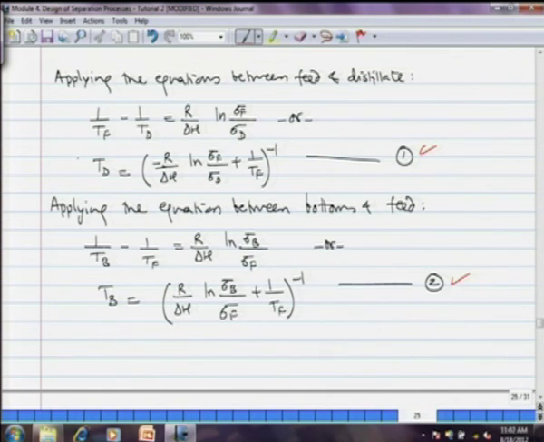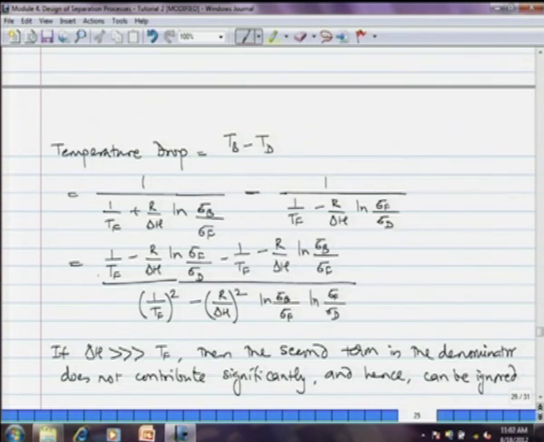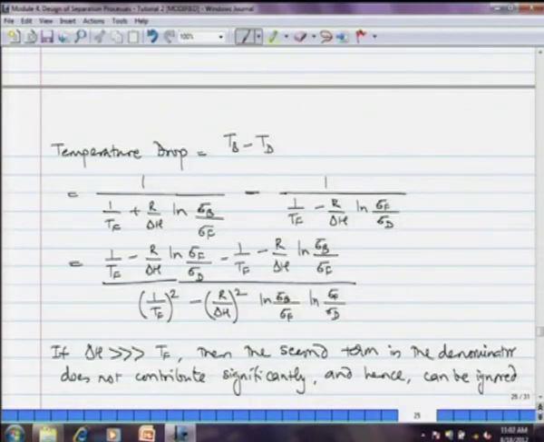So, we have the expression for the temperature of the distillate, the temperature of the bottom, and the temperature drop across the column is Tb minus Td. As I just said, you supply heat at a higher temperature in the reboiler and recover more or less the same amount of heat at a lower temperature in the condenser, that is the distillate. So, the temperature drop is Tb minus Td.